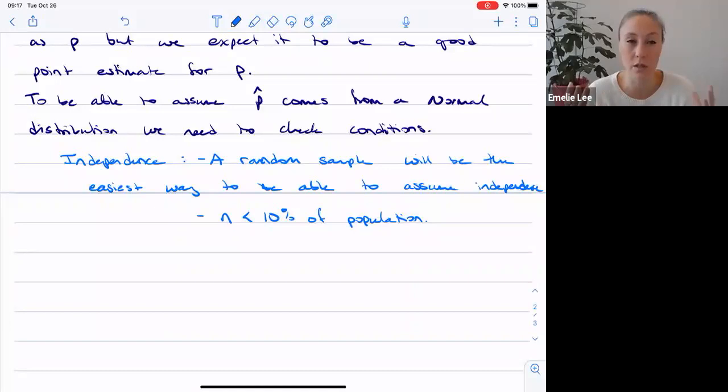But when we collect more than 10% of the population, there's a chance that you're introducing observations that are not independent of each other, and that becomes a problem. Now, this one is totally optional because, like I said, if you have a large sample, that's a good thing. It's not something that should stop you from collecting a huge sample if you have the funds. But it is something to keep in mind that it would affect the independence of the observations.